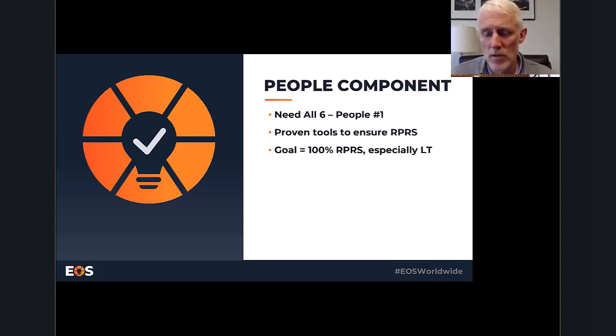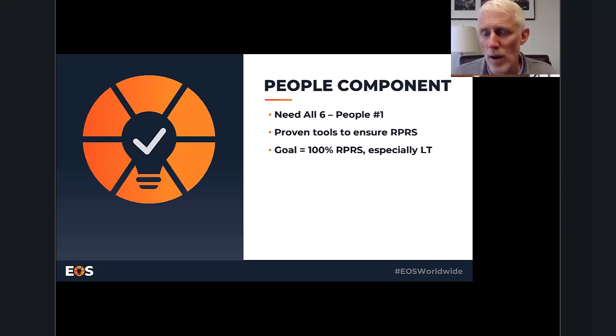One of Gino Wickman's aha moments, after 20 plus years and tens of thousands of clients that he's interacted with, is that the health and strength of the leadership team is far and away the number 1 factor in sustained long-term success of any organization.